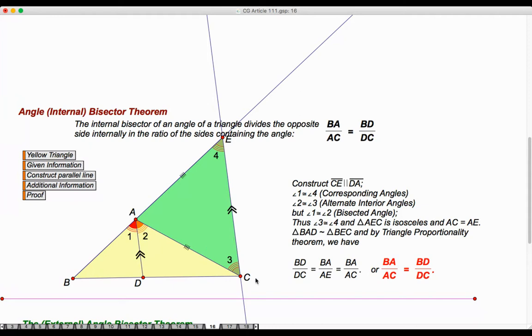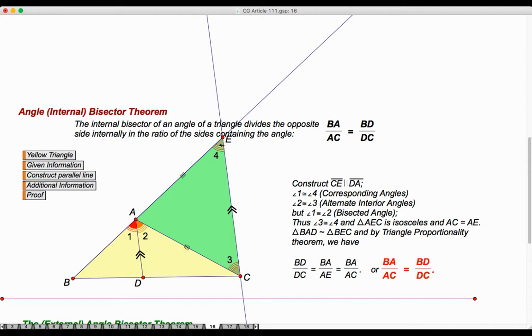Next, angle 2 is congruent to angle 3 because they are alternate interior angles. But angle 1 is actually congruent to angle 2 because AD is an angle bisector. Thus, angle 3 must be congruent to angle 4.